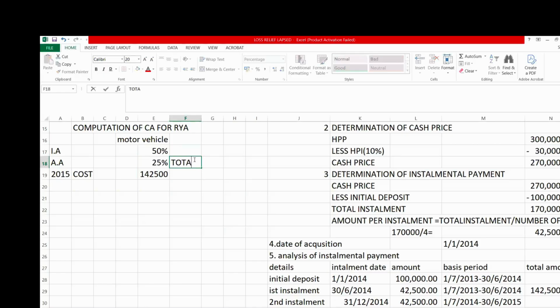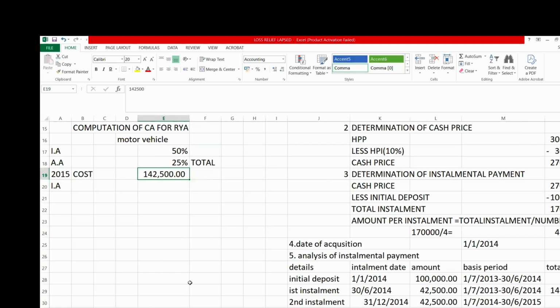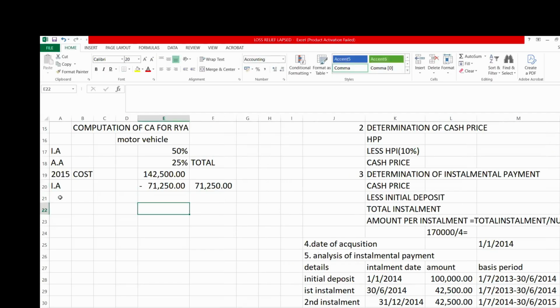Because you are bringing in the new asset, the initial allowance will be 50% of this amount. 142,500 times 50% gives us the value of the initial allowance, which is 71,250.